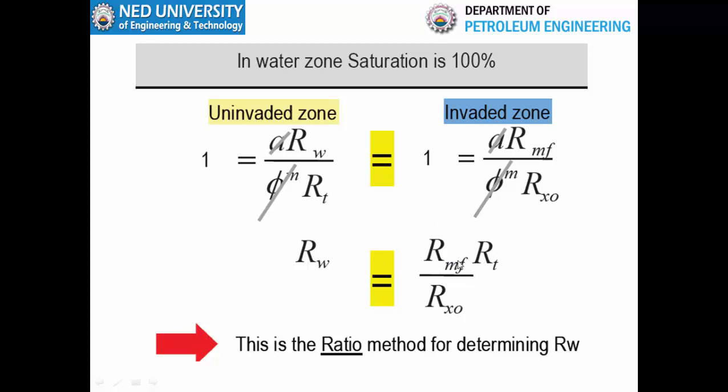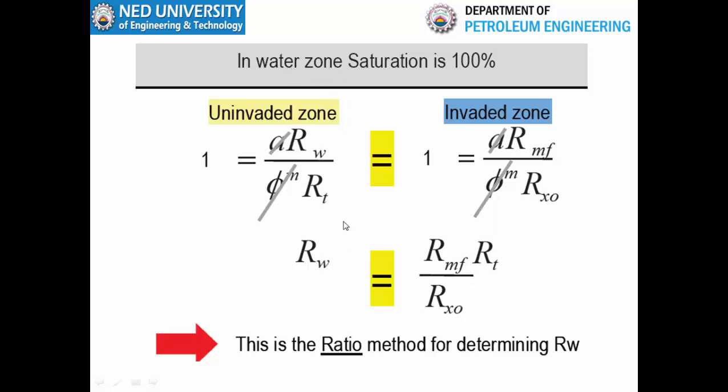Again Rmf basically is calculated in the lab and it is provided on the log header. Rxo is the flush zone resistivity, Rt is the deep zone resistivity, and when you are calculating Rw, basically you are working in the water zone.